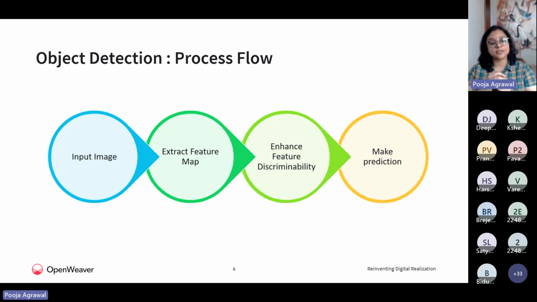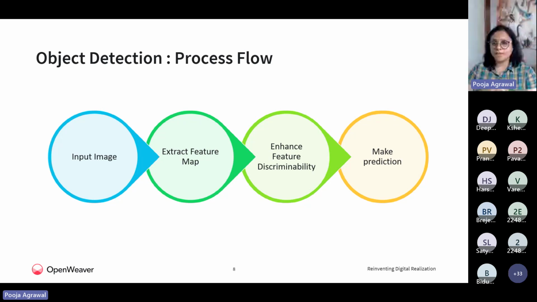So a neural network is what is used to train on your input images. Multiple such input images are used, and then your neural network is created, and the backbone basically forms with the different features, and the head of the neural network is responsible for making the prediction.